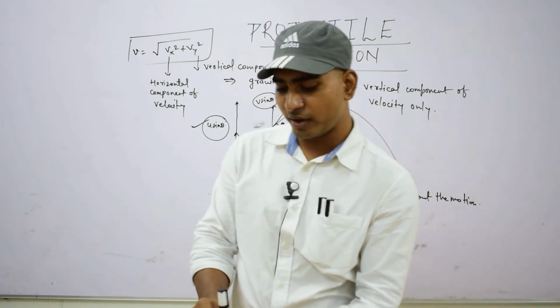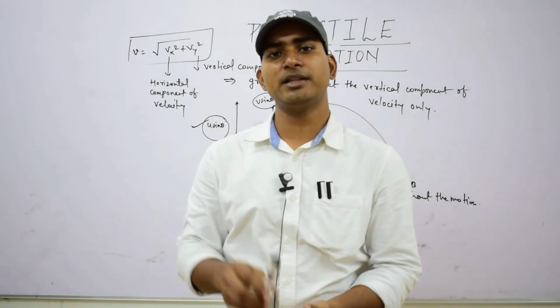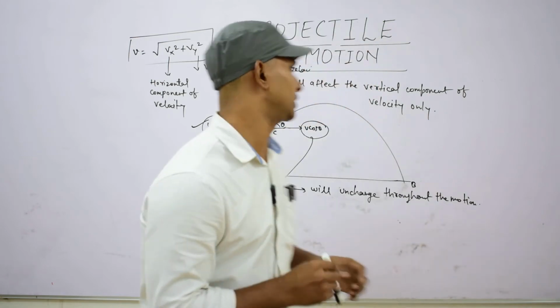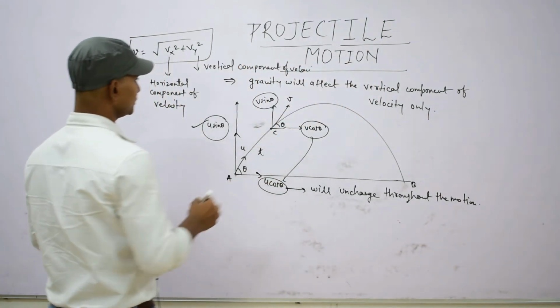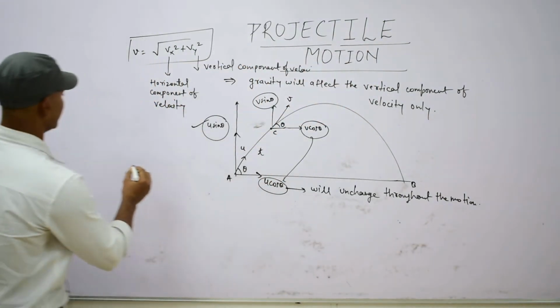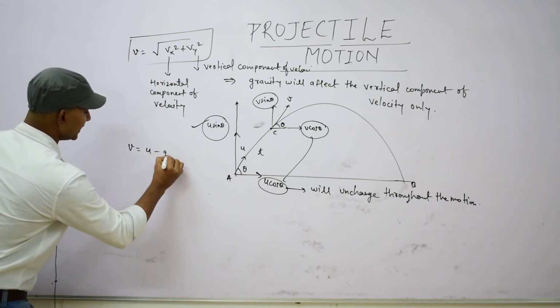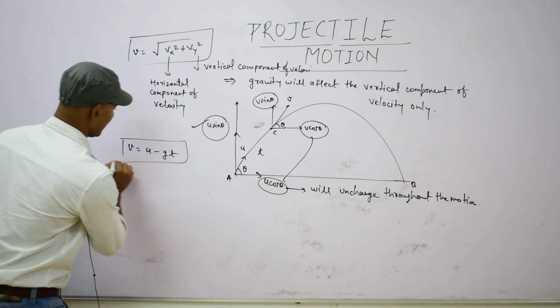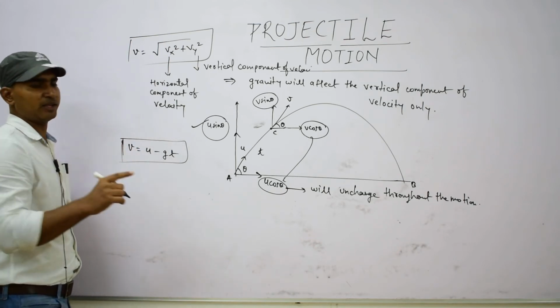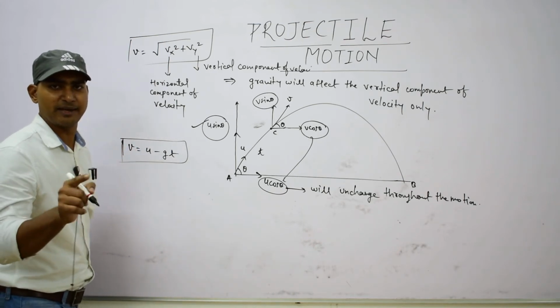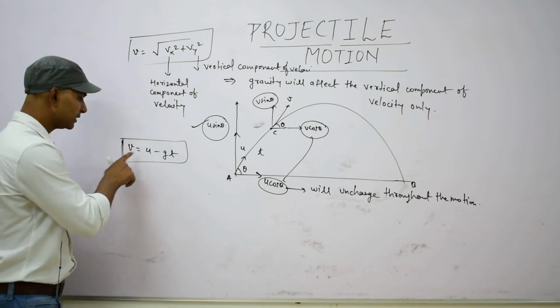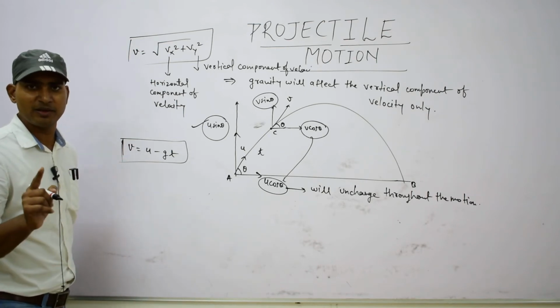If I am moving in a vertical direction, that is a case of retardation. So I have to use the motion equation V equals u minus gt. It is derived from V equals u plus at, but if retardation is there, then V equals u minus at we will use.